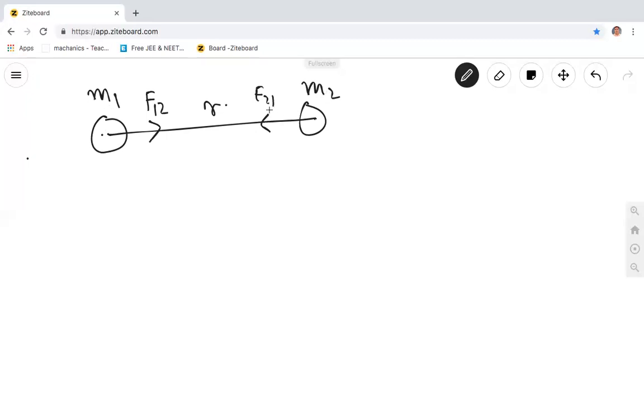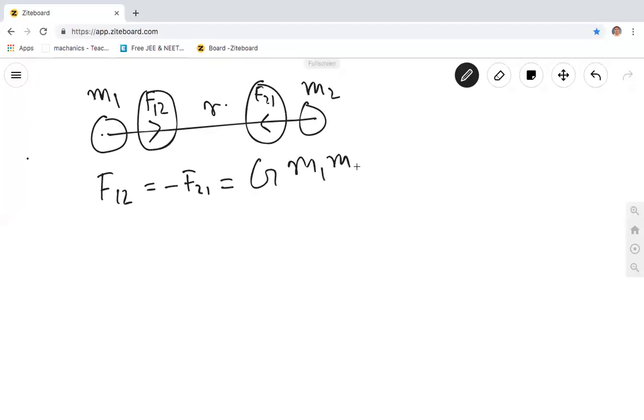F21 means force on 2, created by 1. So according to Newton, F12 is equal to minus F21, obviously because they are opposite, right? That is why they are negatives of each other, equal to G constant, m1 mass, m2 mass, by r square. That is all.